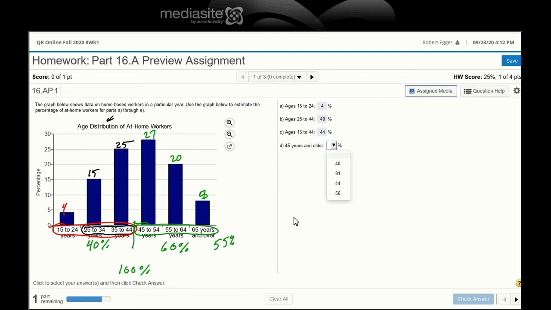Getting too smart for my own good. This wasn't 40, it was 44%, which means this should be 56%. And eyeballing it, we got 55%. So yeah, 56. Sometimes I'm trying to be too smart for my own good.